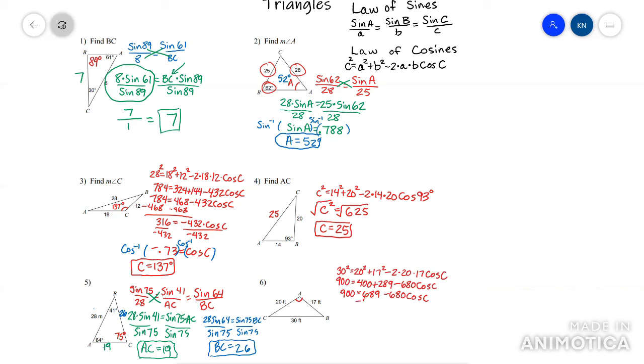Now you're going to subtract 689. So you're going to get 211 equals negative 680 cosine C. You're going to divide by negative 680. 211 divided by negative 680 is negative 0.31.